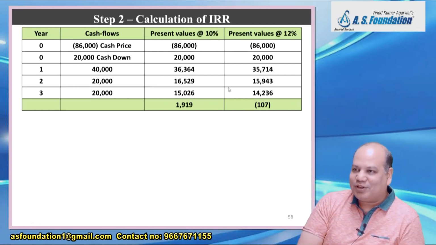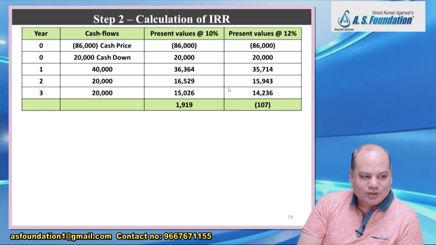40,000 divided by 1.12 equal to 35714. 20,000 divided by 1.12 2 times equal to. Check 15943. Again press equal to 14236. Take total.